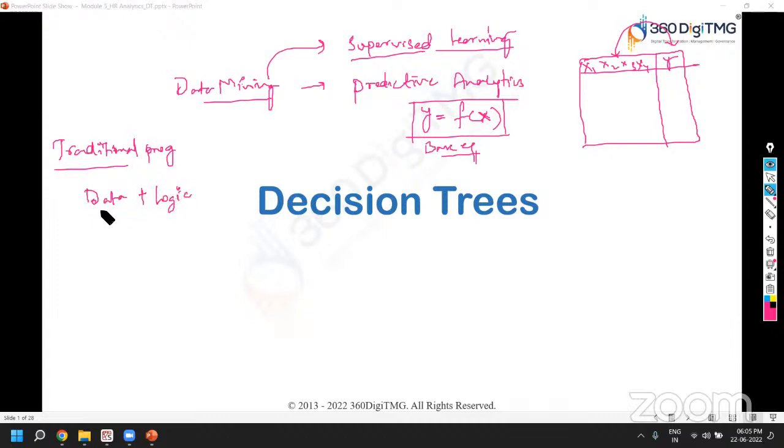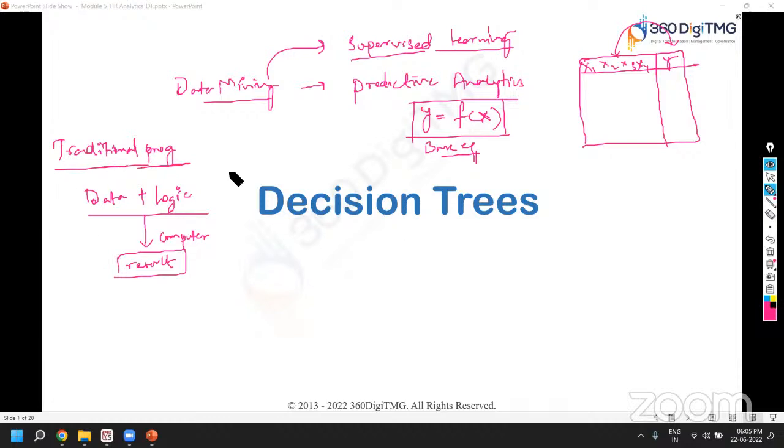We define the logic, implement that using a programming language, and pass it to the machine, the computer. This will calculate and give us the outcome, the results. This is the traditional programming approach, a typical approach.